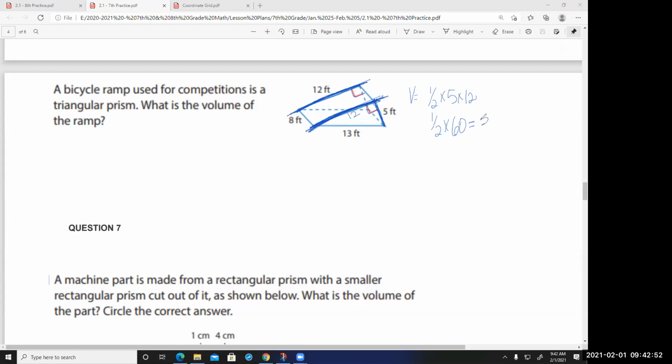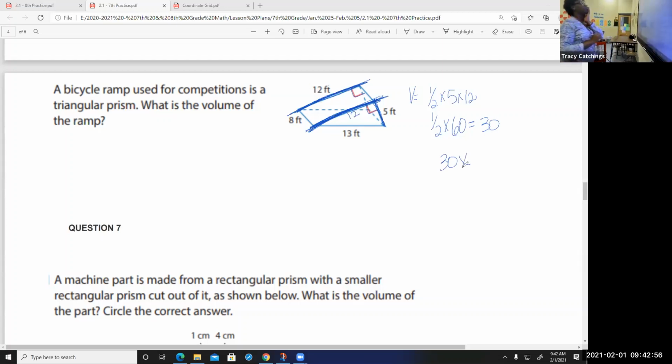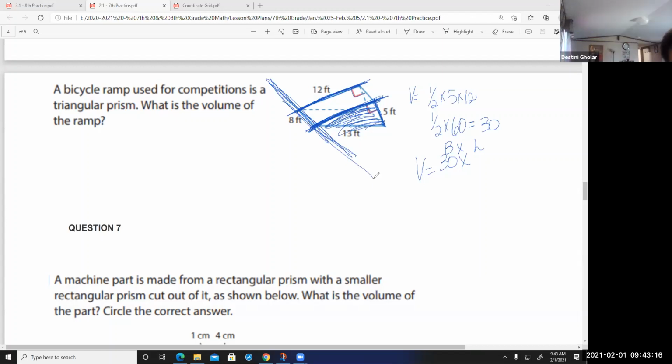30. All right. What's the height of that triangular prism? Meaning, don't look on the base. The base was the triangle. Opposite direction. 8.